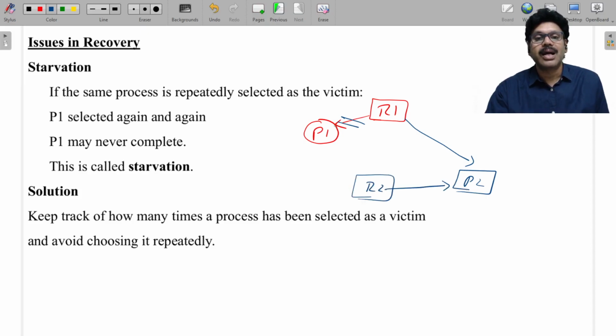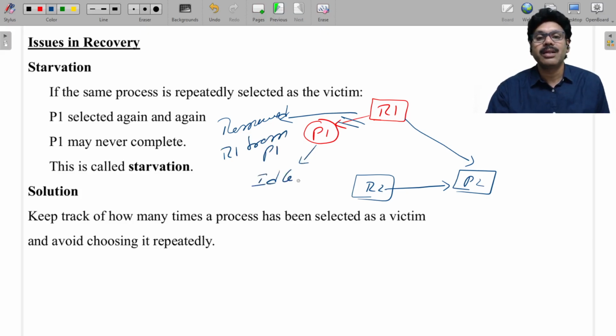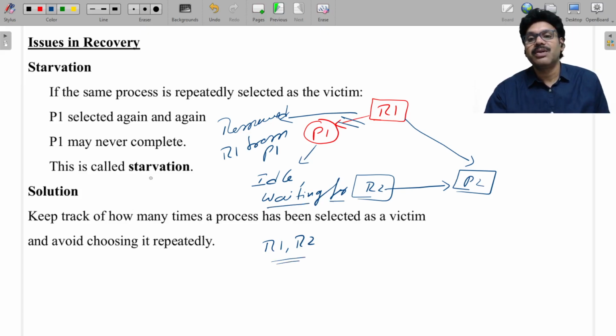As we removed R1 from P1, P1 becomes idle. It is waiting for the same R1 and R2, but the operating system forcefully removed R1 from P1 and assigned it to P2. So P1 is going to be in a waiting state.